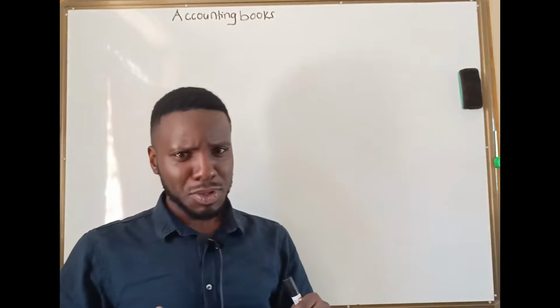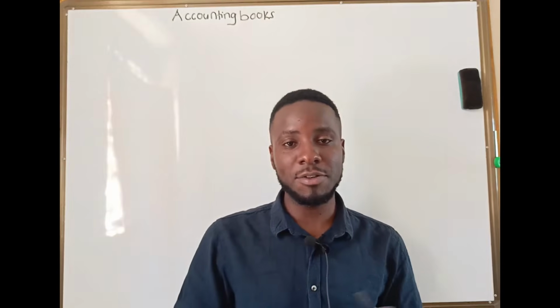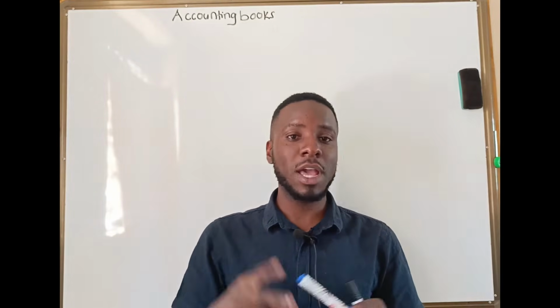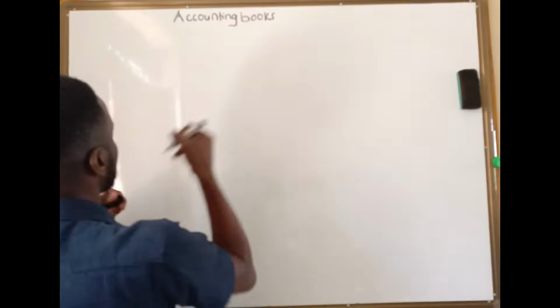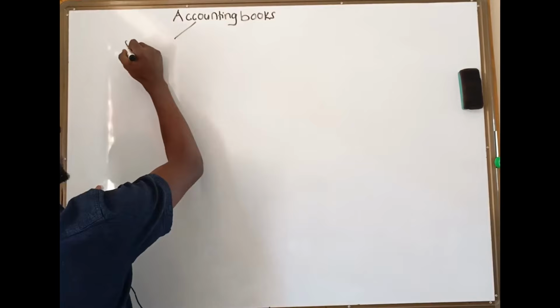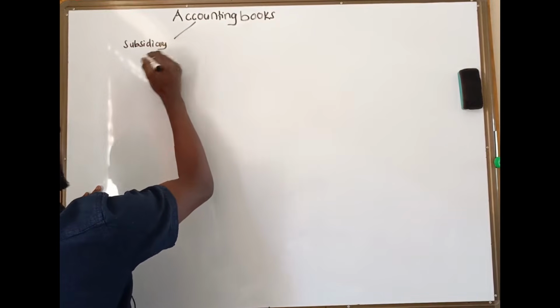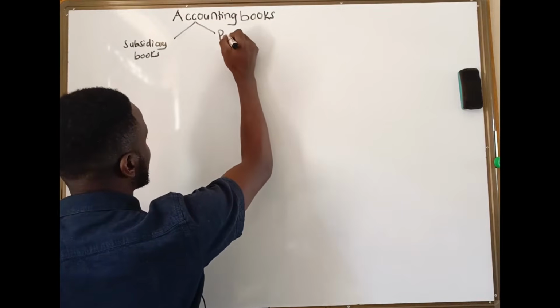When we talk about the accounting books, we have quite a number of them, but we have broad classes of accounting books. We have two classes: the subsidiary books and also the principal books.